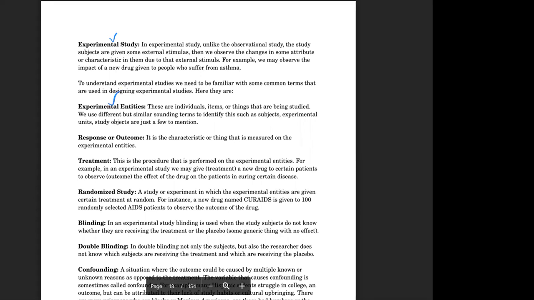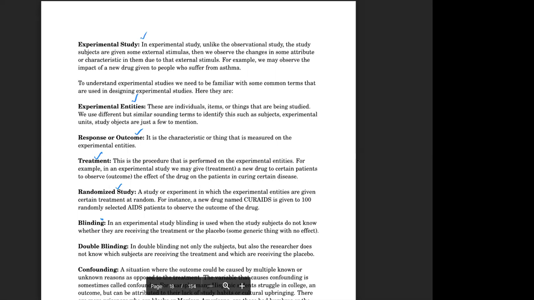So let me summarize what I did talk about. We talked about experimental study, where you give your subject some external stimulus and you observe the response or the outcome. Experimental entities are things or objects or items that are under consideration that are receiving the stimulus, okay? Response or outcome, as the name says, is the result that you see. Treatment is the actual stimulus that you're giving, and randomized study is basically ensuring that you are providing these treatments in a random manner.